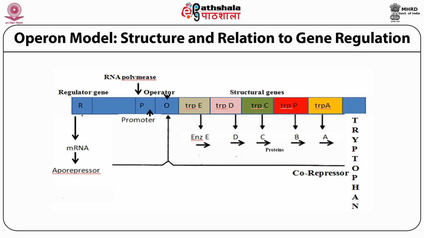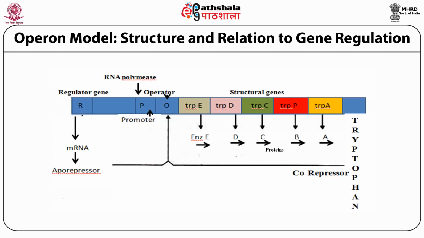As the name suggests, the operator is the decision maker on whether the gene should be transcribed or not, depending on the requirement of the cell for the specific protein which is coded by the gene of interest.